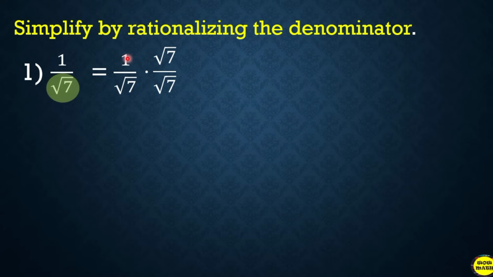So, again, imumultiply both numerator and denominator sa square root of 7. So, 1 times square root of 7, that is square root of 7. Square root of 7 times square root of 7, that is square root of 7 squared. Okay. So, ngayon, pwede na natin makuha yung value dito sa denominator natin na wala ng radical.